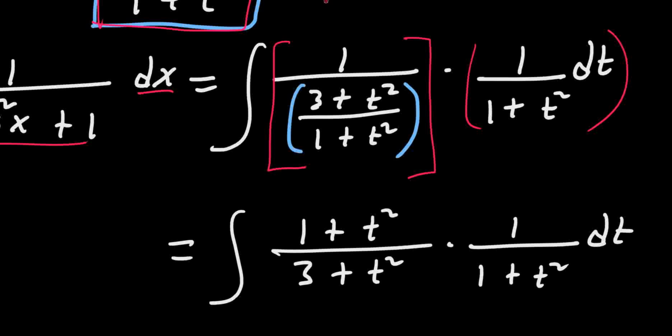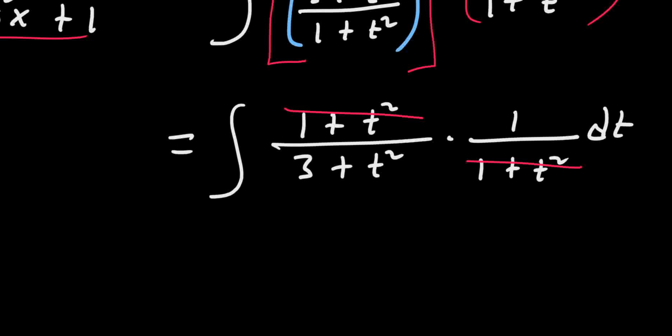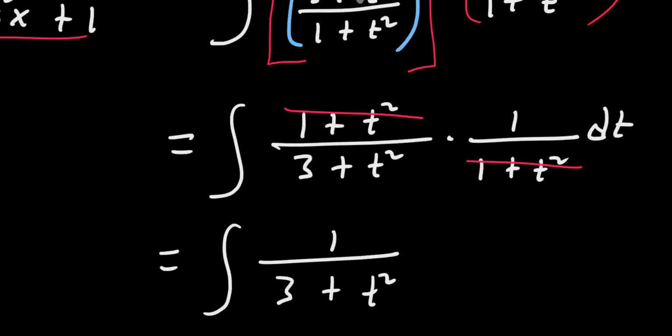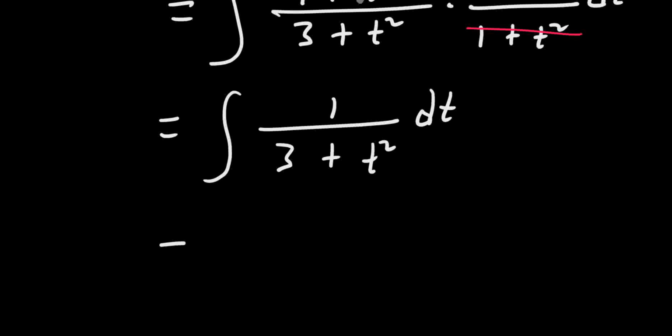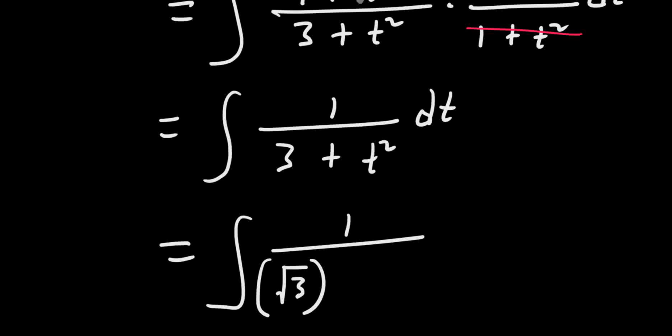So now we can cancel out the numerator. This will cancel this from here, and we now have integral 1 over 3 plus t squared dt. We can also write this as 1 over the square root of 3, and also just square it, plus t squared dt.